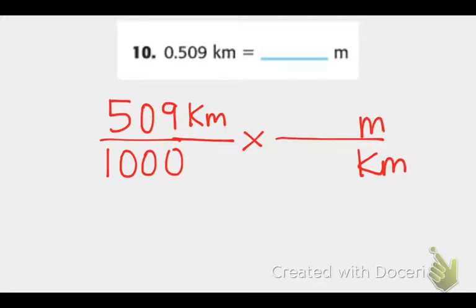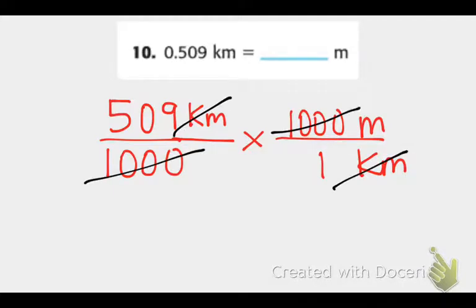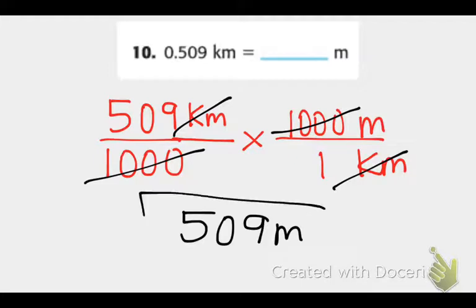And there are 1,000 meters in 1 kilometer. All right, let's go ahead and solve it now. So kilometers cancel, and thousands cancel, which leaves us 509 meters. Done. Did you get that one right? That one might have been a little tricky because of the decimal.